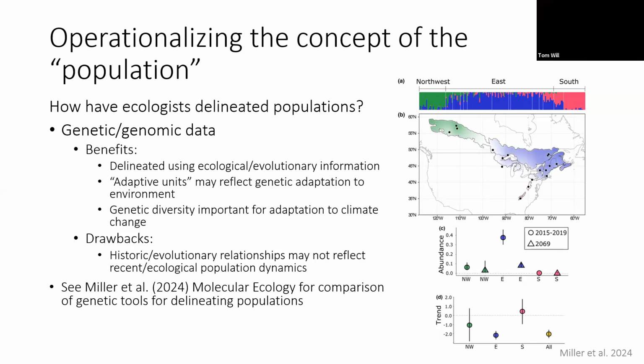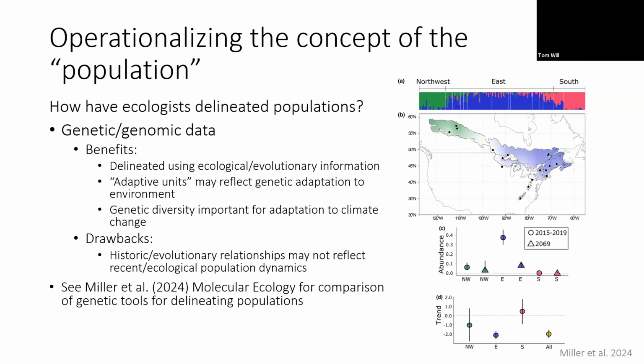It is based off of ecological and evolutionary processes that are driving genetic structure, which is good. And that ability to link genetic structure to environmental conditions is very useful for thinking about things like how climate change is going to impact Canada warblers at the southern part of the range versus the eastern population versus the northwest.